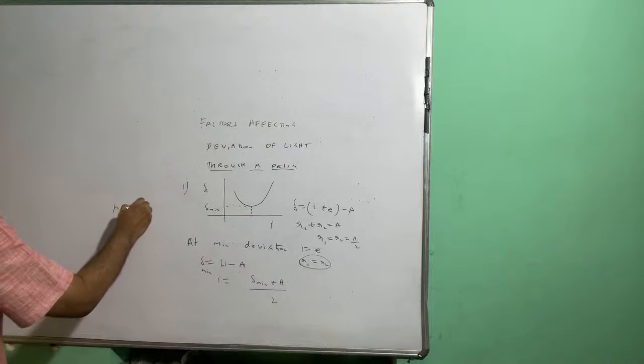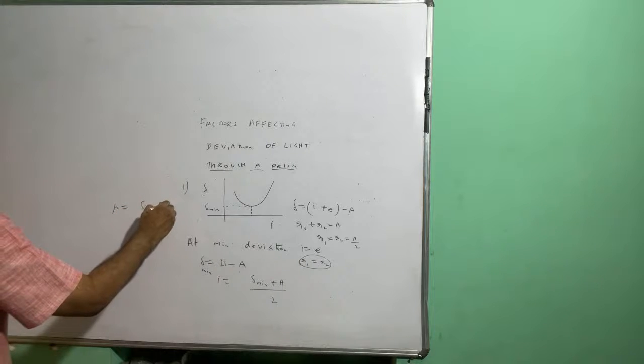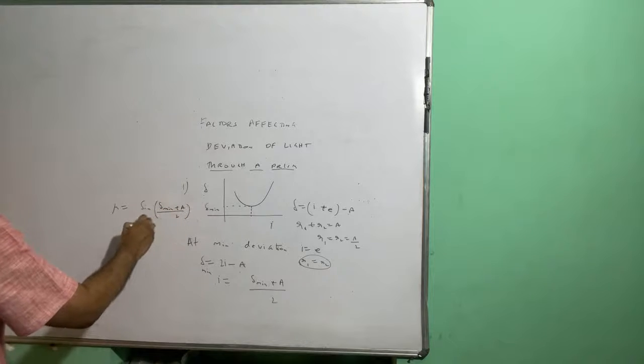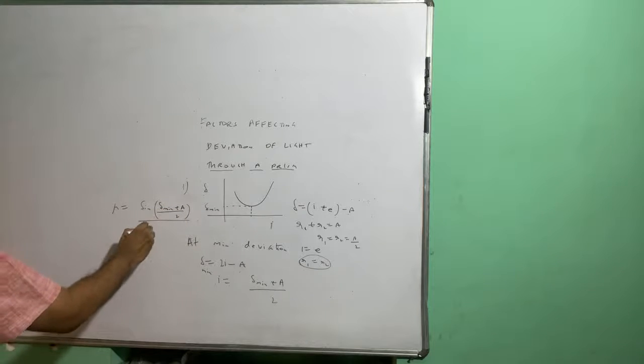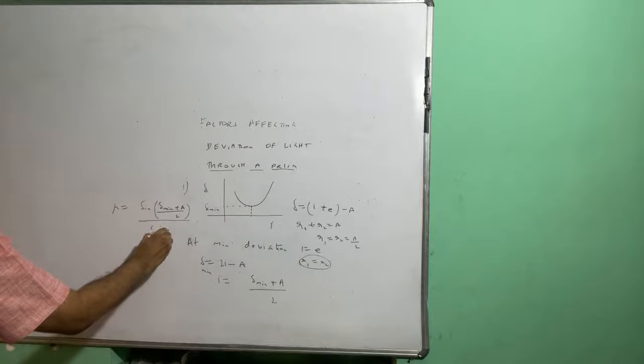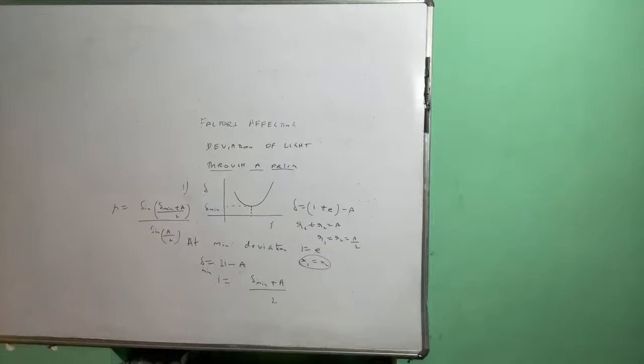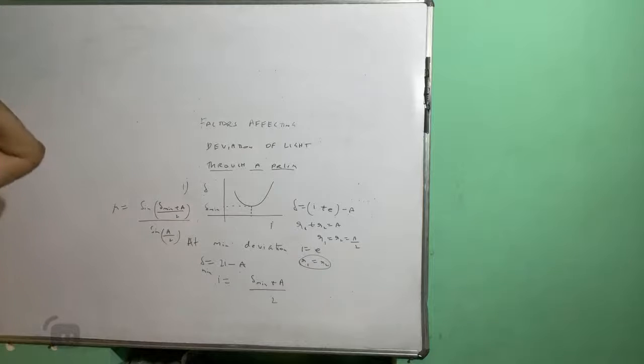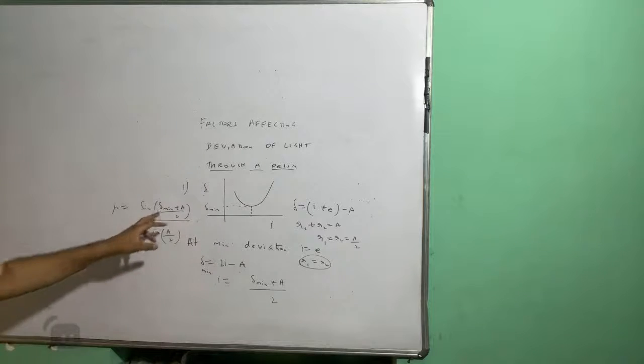So the refractive index will be sine of (A plus minimum deviation) by 2, divided by sine of A by 2. This is the formula to find the refractive index using the angle of minimum deviation.